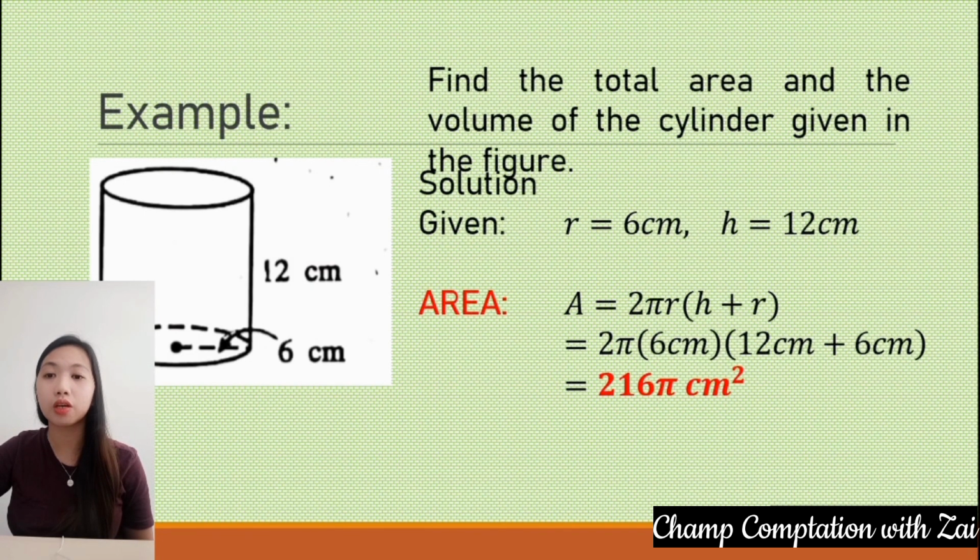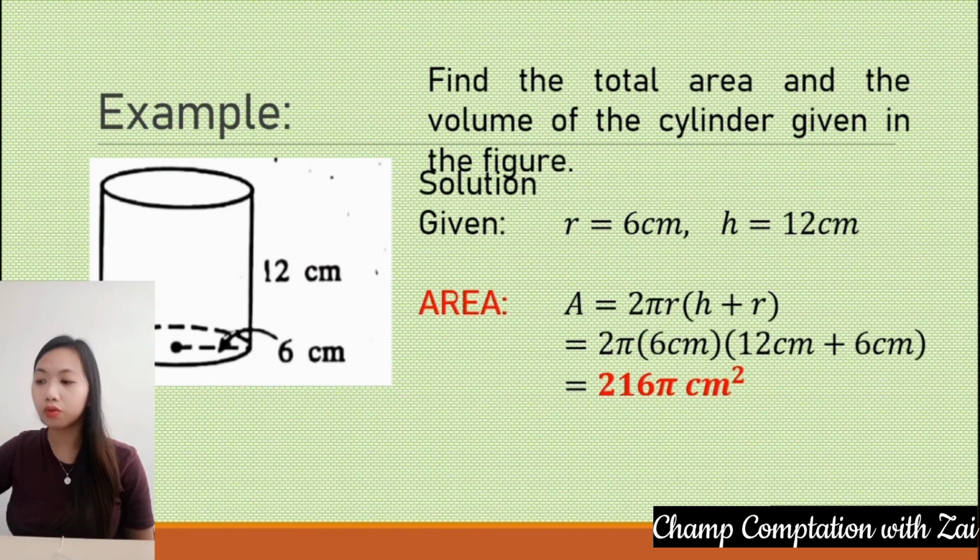We substitute the given values: 2 pi multiplied by 6 centimeters, the quantity 12 centimeters plus 6 centimeters. When we compute that, we have a total area of 216 pi square centimeters.